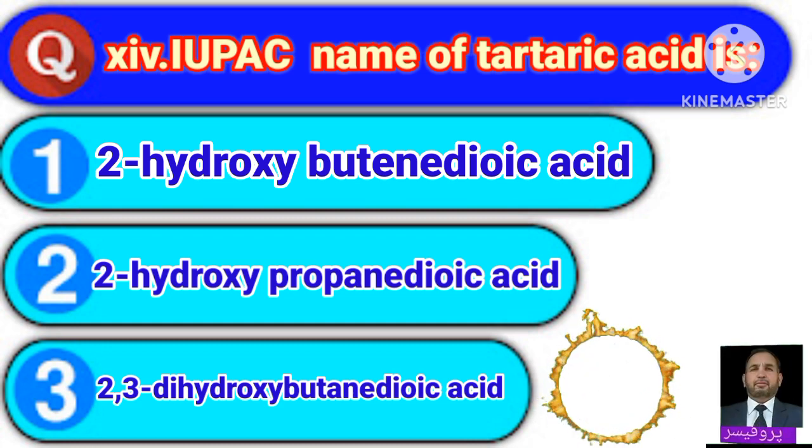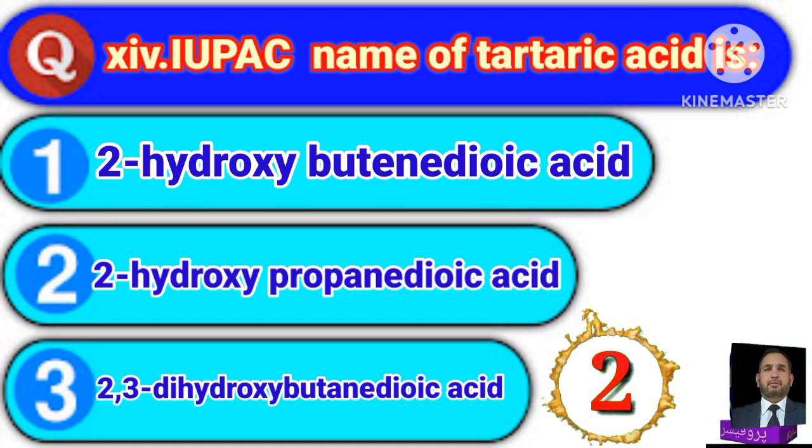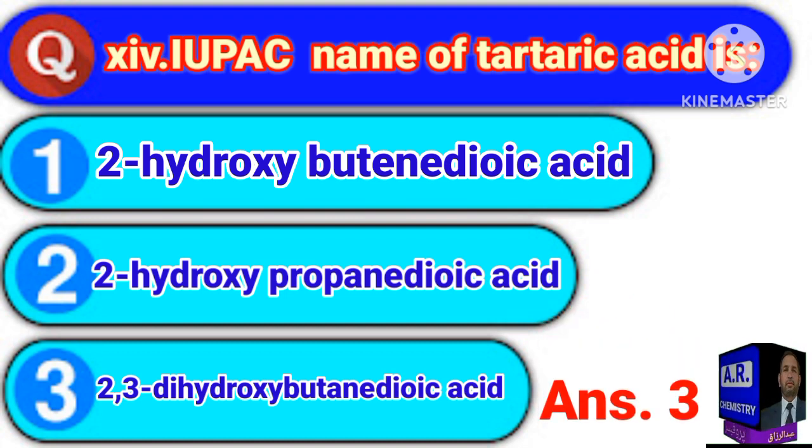So after the timer, match your answer with the answer given here. Yes, here is option 3, 2,3-dihydroxybutane dioic acid. This compound is also important with reference to optical isomerism, which has been discussed in your textbook in the chapter of hydrocarbons.